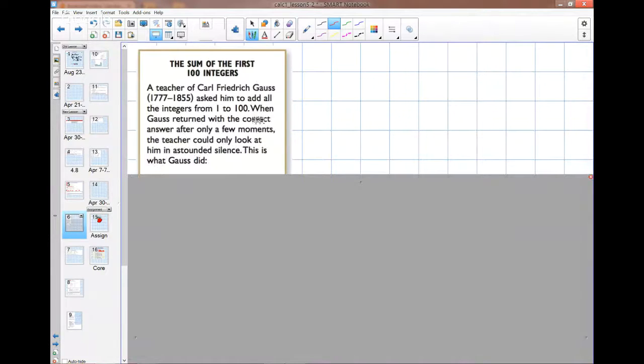And I don't know, the teacher probably had a headache, and was sick and tired of the noise, and he said, all right, I want all of you to sit down and add up the numbers from 1 to 100. And maybe he could have a few moments of peace. But very soon after that, Gauss is raising his hand, and he finds the answer very quickly.